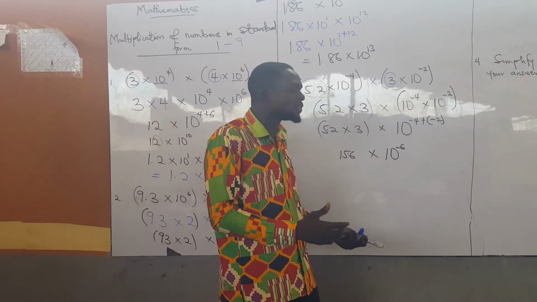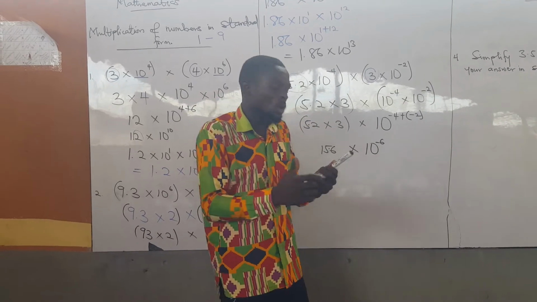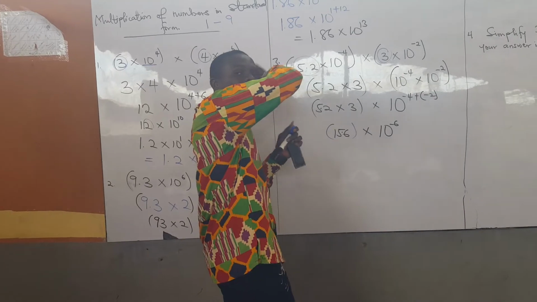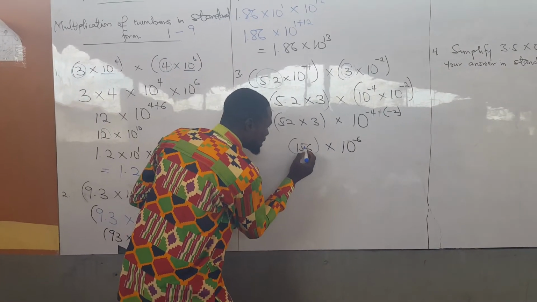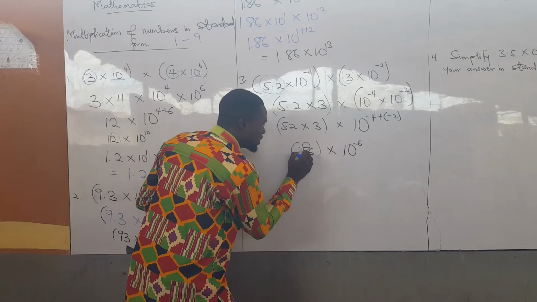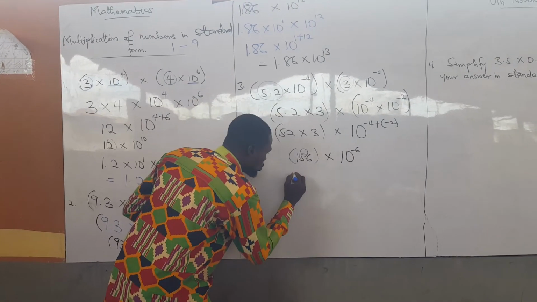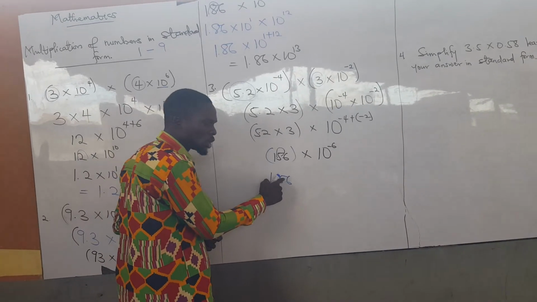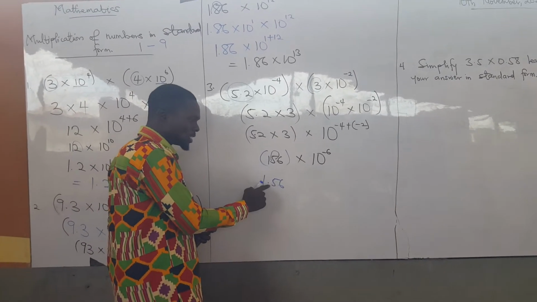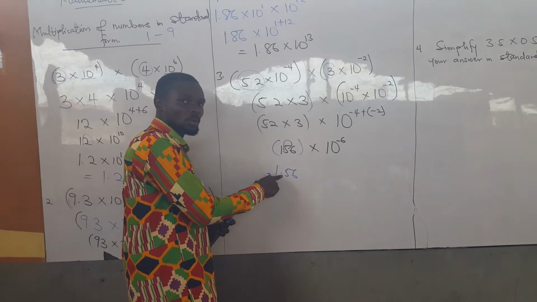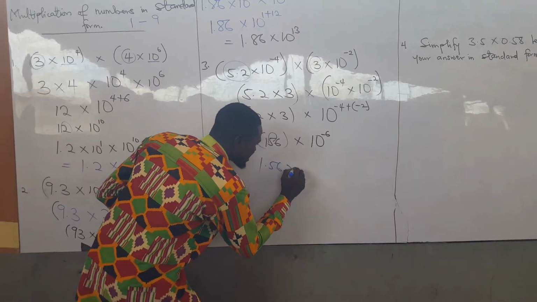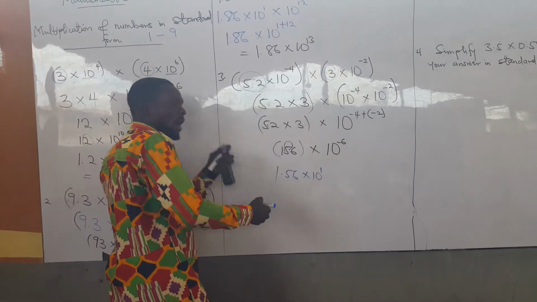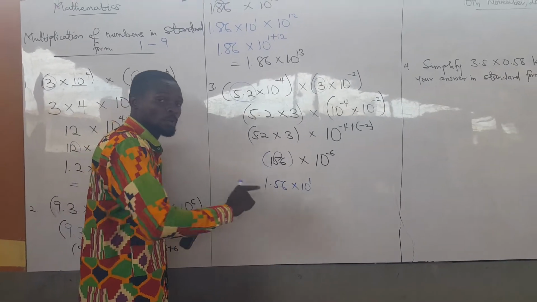So because 15 cannot be found in that range, we have to change this 15.6 into standard form by just lifting the decimal point to the side. So we did the movement once. So we had 1.56. The point was here, and we have moved the point to this side. And how many times did we move? Once. So this is going to give us times 10 raised to the power 1. Because we move to our right, the power of 10 will be positive.